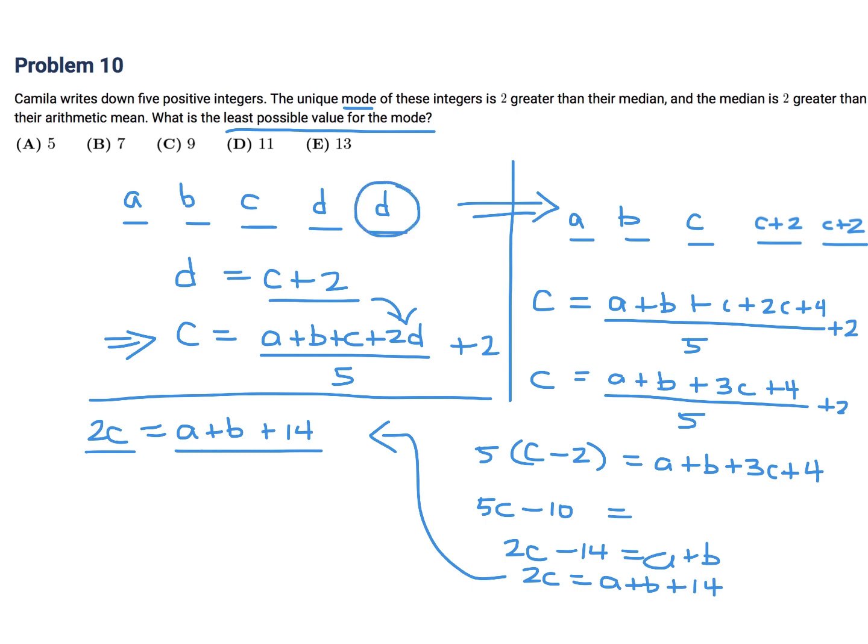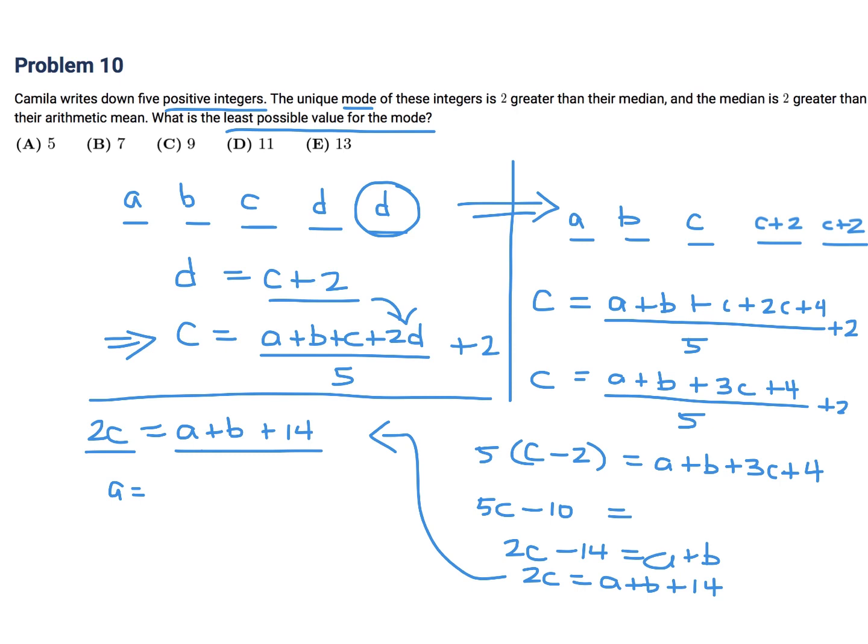So we want the least possible values for c and for a and for b. That's the only way we can get the least possible value for d. So what are the least possible values? They're positive integers, right? So the least possible value for a and b, such that a plus b plus 14 is an even number.